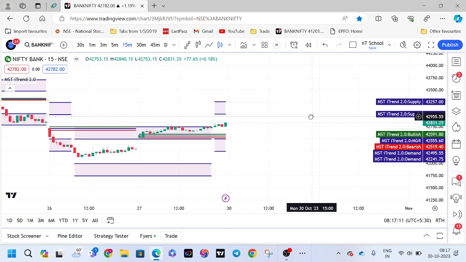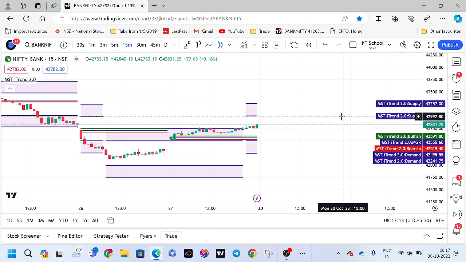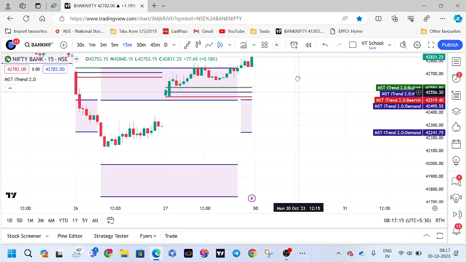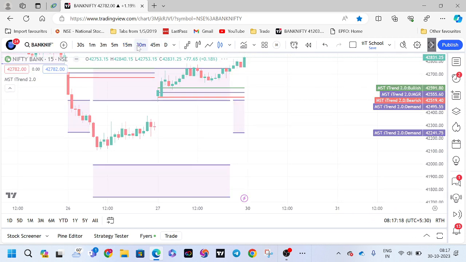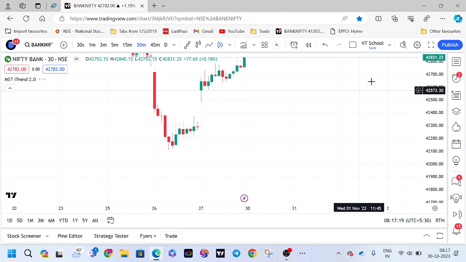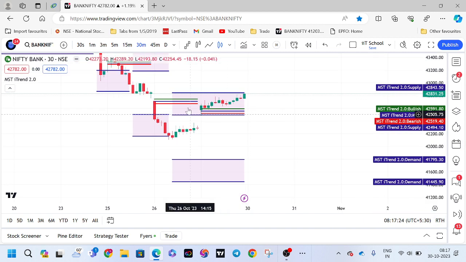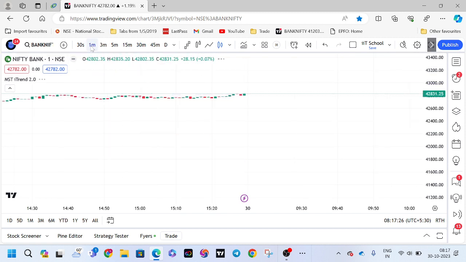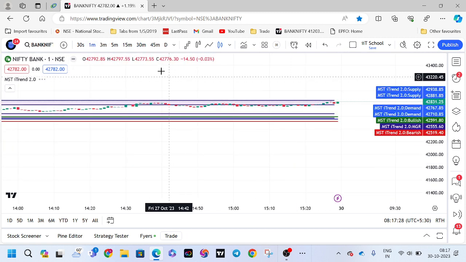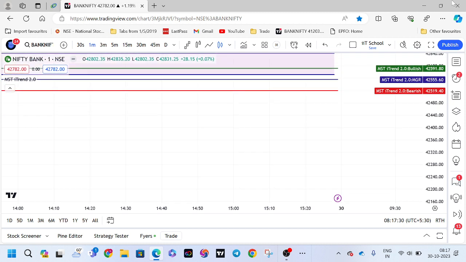All the indicators are based on supply and demand. For this, the best time frame will be 30 minutes for long duration. Otherwise you can keep the 1 minute time frame for intraday, or 3 minutes also for intraday.